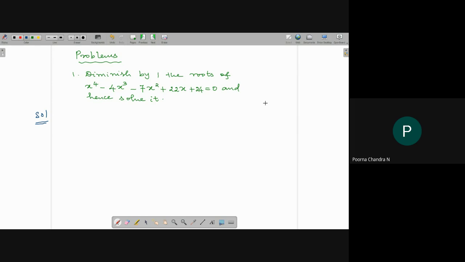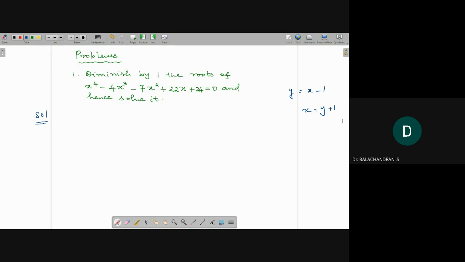By substituting y plus 1 in x, sir, and solving. Actually, you need to replace by what? Y equal to what? X minus 1. Yes, sir. Because x is the root of this equation, I need to diminish. I need to reduce by 1. So x is equal to y plus 1. Substitute x is equal to y plus 1 everywhere.